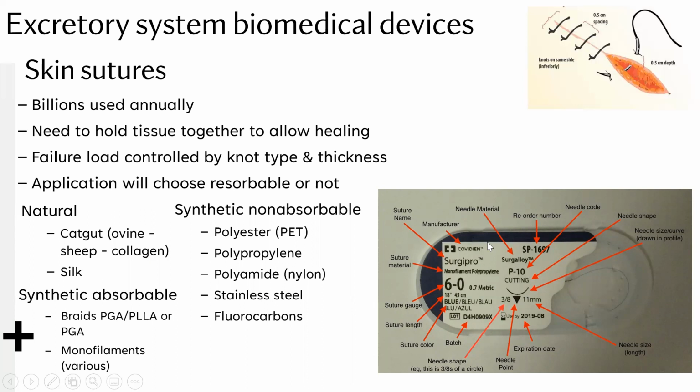In terms of manufacture and the name, but then in terms of the diameter of the suture, the gauge, in other words, the length of that suture thread, and the shape of the needle, what sort of arc radius it has, which they explain in terms of what portion of the circle it consumes.